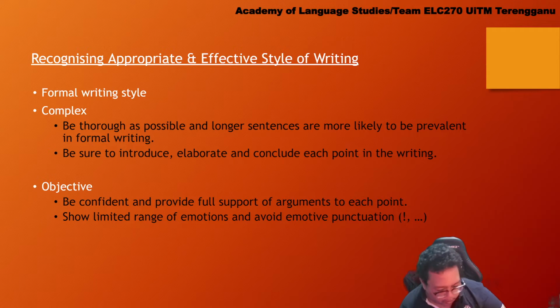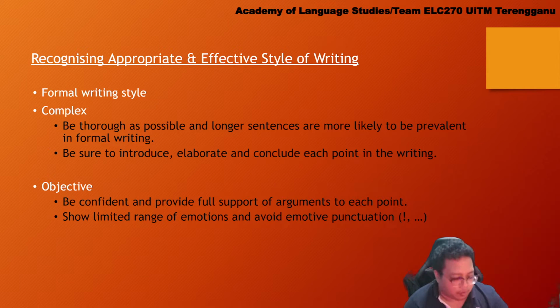Whenever you want to talk about something, you elaborate as much as possible so that people will be able to understand the issue or the topic being discussed. But be sure to introduce, elaborate, and conclude each point in the writing.